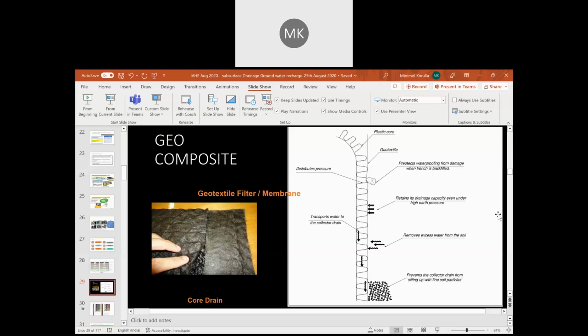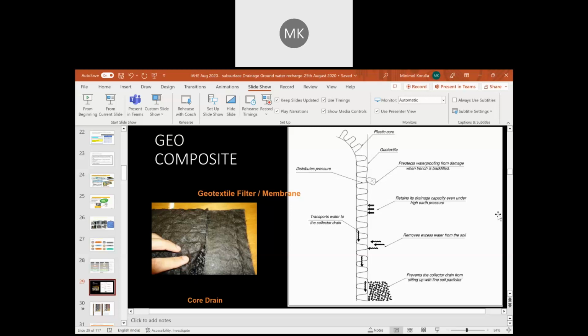So we have to start with geosynthetics. I am sure that most of you must have heard about geosynthetics, but for anyone who doesn't have that much understanding, let me give a one line definition.